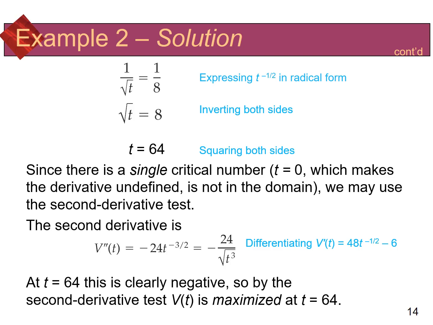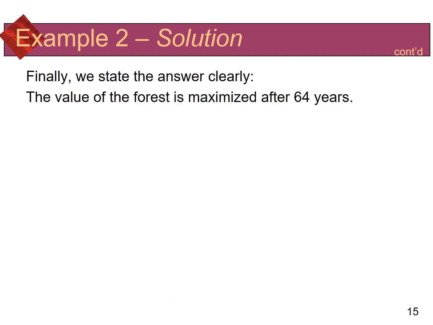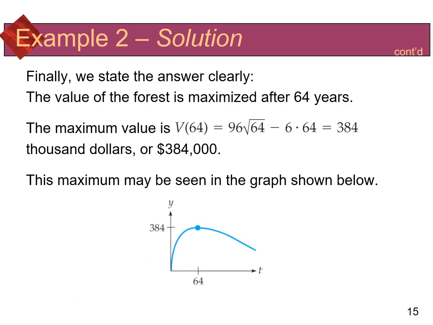So when I now calculate that to finalize the answer, the value of the forest is going to be maximized after 64 years. And the value of the forest results from plugging that 64 into the original function. I calculate 384, which stands for $384,000.